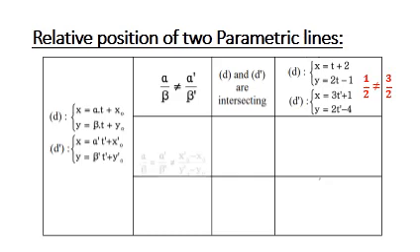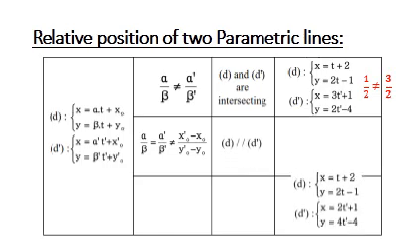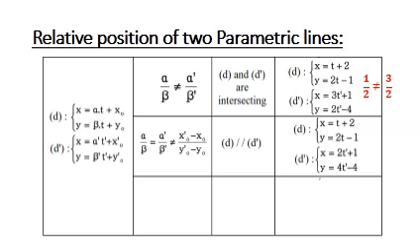But if those two ratios are equal and they are not equal to the third ratio, which is x prime 0 minus x 0 over y prime 0 minus y 0, then they are parallel. So let us take an example. I have those two straight lines. I'm going to put the coefficient 1 over 2. Is it equal to 2 over 4?